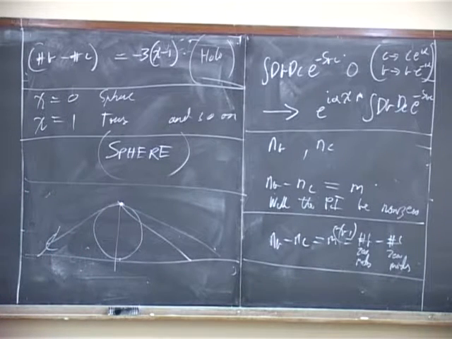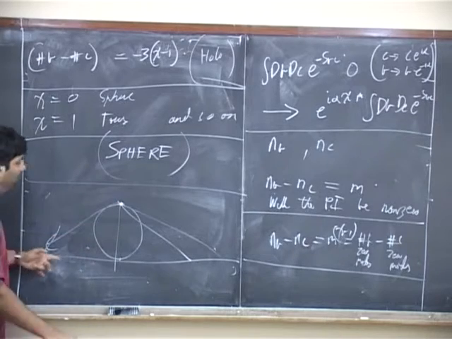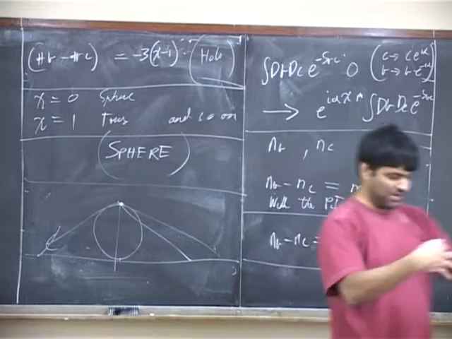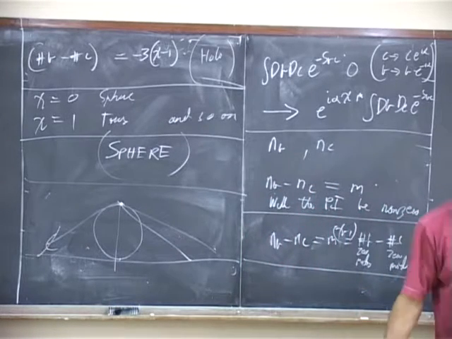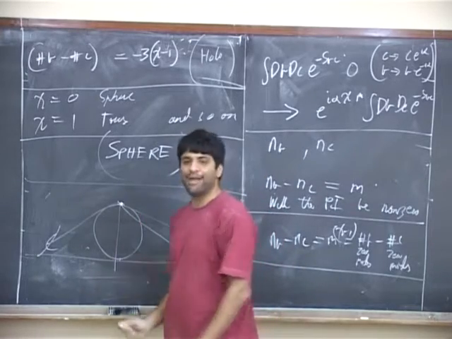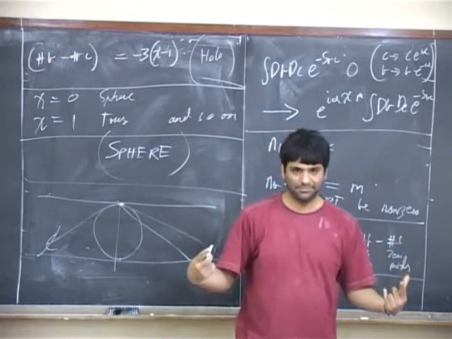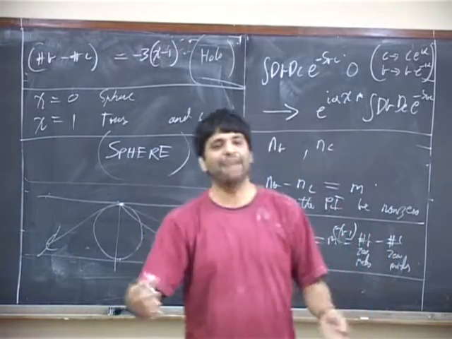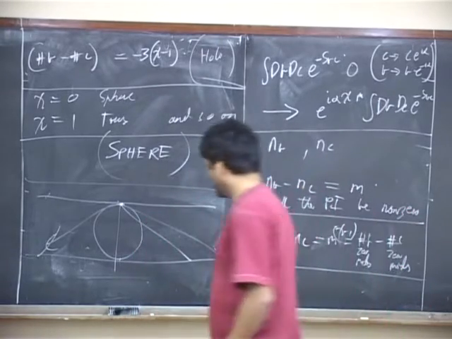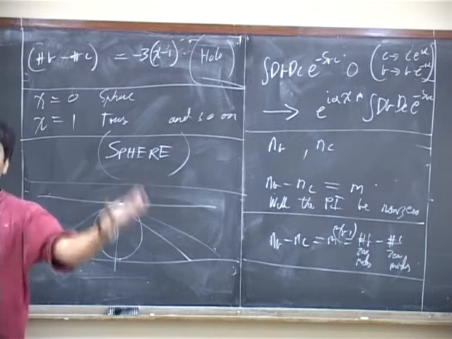Now, this projective mapping maps points on the sphere to points of the complex plane, including the point at infinity. So if we want really an honest covering of the sphere, we should do it with two patches. We could have one projective mapping for the North Pole, another projective mapping for the South Pole, and these two patches overlap everywhere except the North and South Pole. Okay, so this gives us an honest cover of the whole sphere.